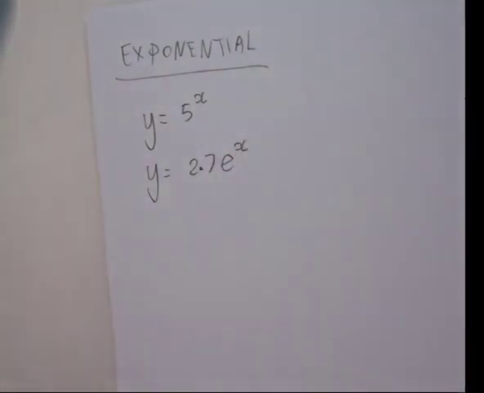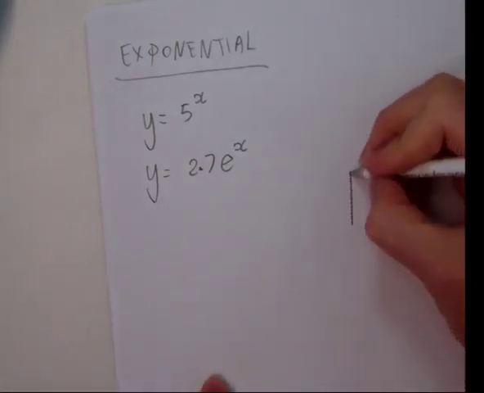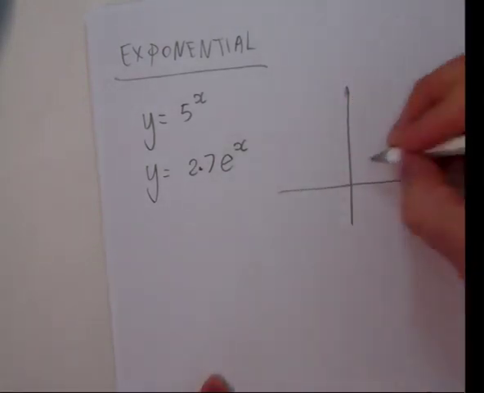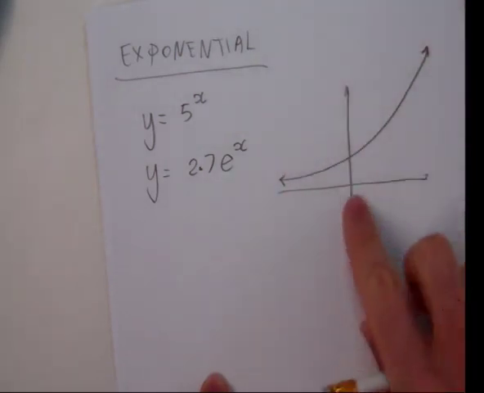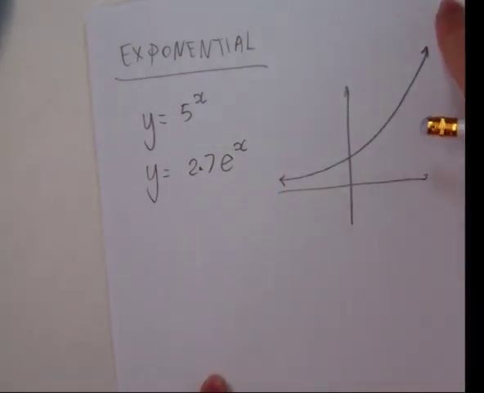This number e is something in your calculator. If you've never met it before, it's about 2.7 actually. But it's a very useful number and will occur a lot of times. And these tend to look like this. They go up very fast over this side and go down very slowly on this side.